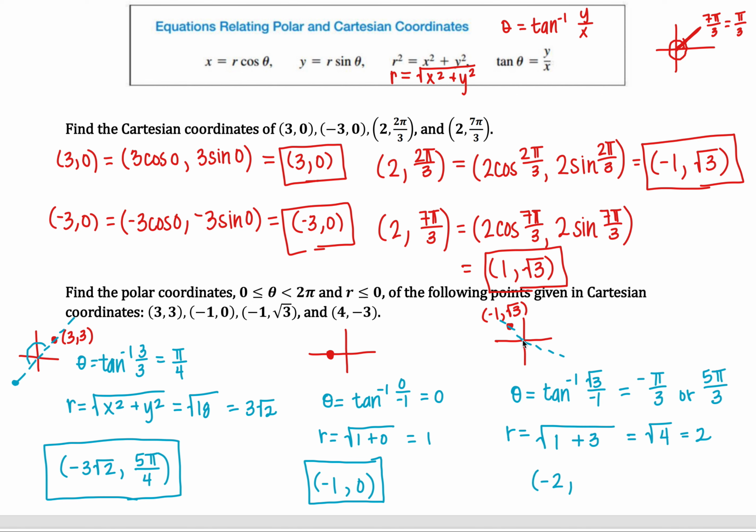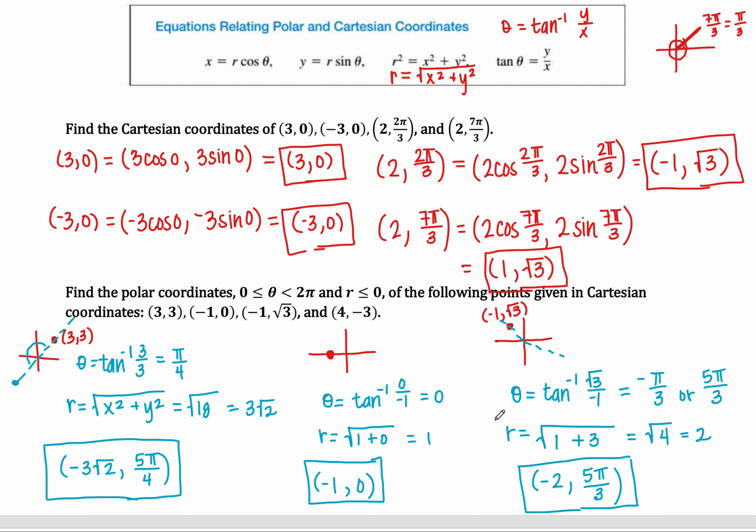Because if we're along this theta value of 5 pi over 3, with the r of negative 2, it's going to flip us back onto the point that we want. So once again, with these, it's very helpful to have a picture to imagine exactly what's happening.